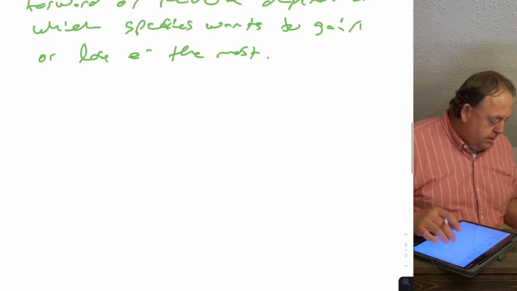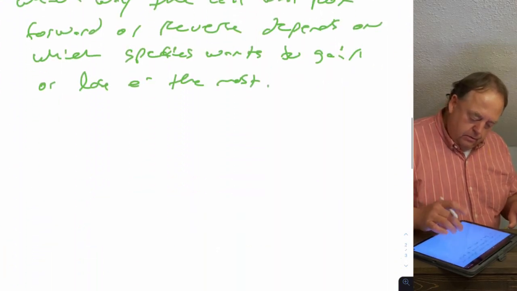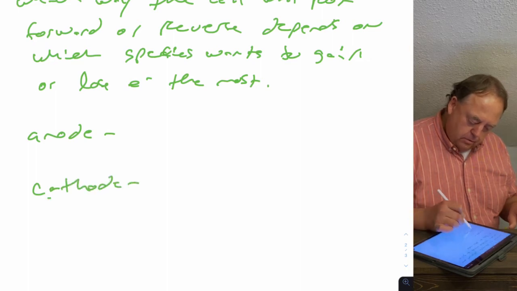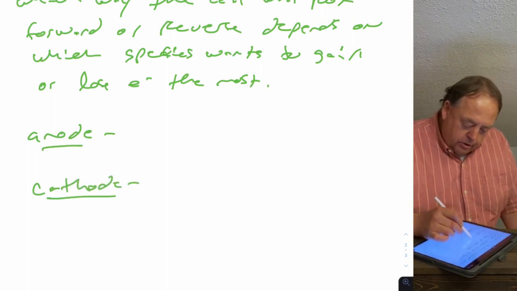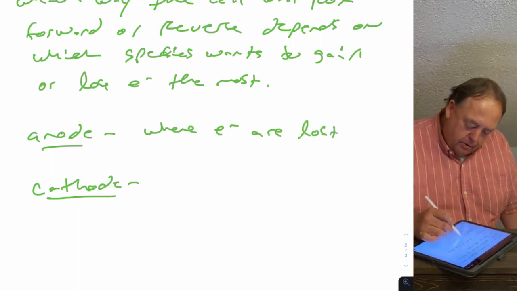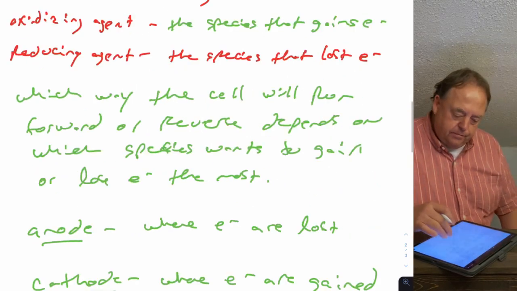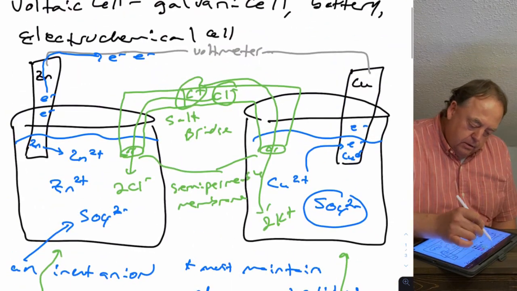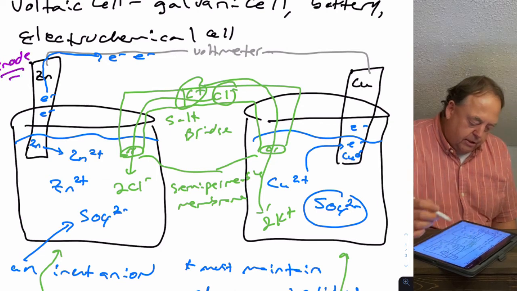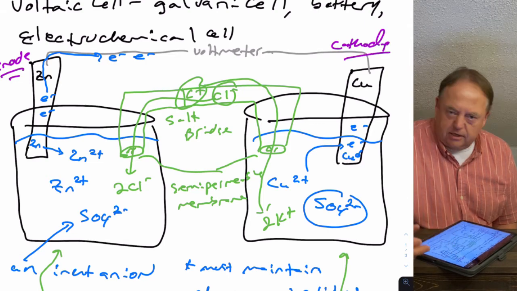Okay, so other terms for you to know: the anode and the cathode. The anode is where electrons are lost, and the cathode is where electrons are gained. So if we go back to this cell, this is the anode, because that's where electrons are being lost from, and this would be the cathode, because that's where electrons are being gained.